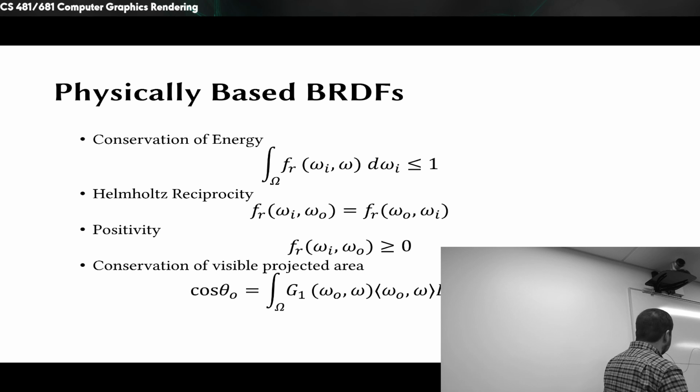So we normally have this concept of omega m, which basically stands for the microfacet direction it's pointing in. The microfacets could be pointing in completely different directions.